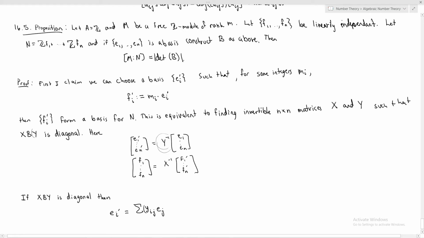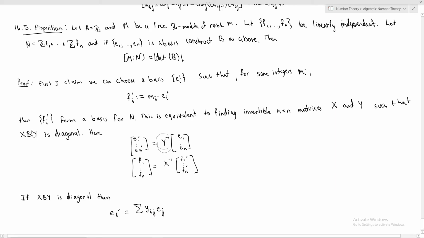This is a little abusive notation. When I write this inverse, I don't mean the actual multiplicative inverse of this number. I mean the ijth element of the inverse. So maybe I can be more clever with how I write that.